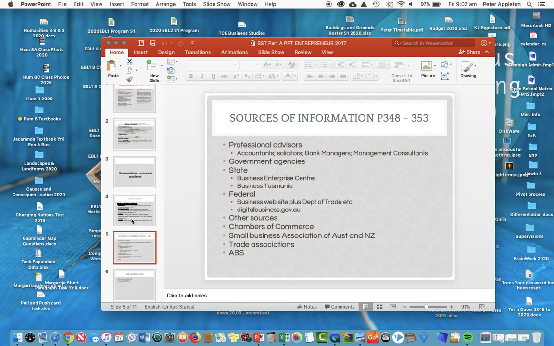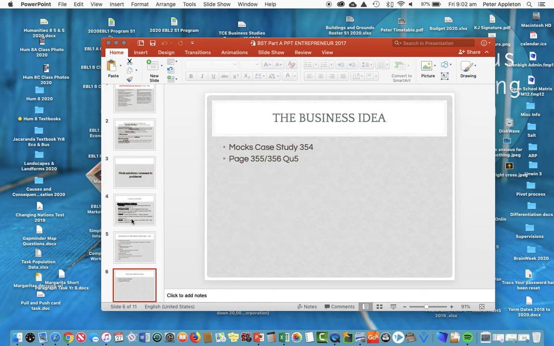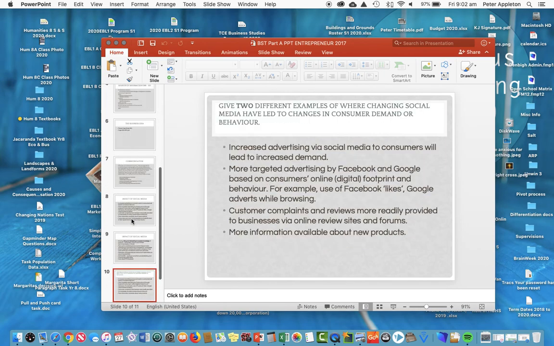Secondly, on the sources of information with regards to what Business Tasmania or Business Enterprise Centres can offer. Look, when you get on the websites, you can have a wealth of information. It's up to you to just kick in some key examples. Business idea, you've got case studies there, etc.